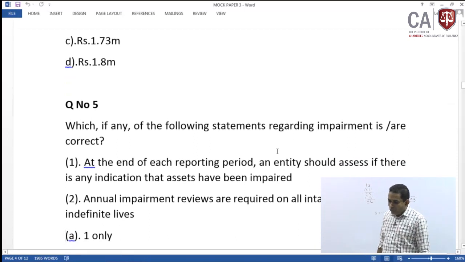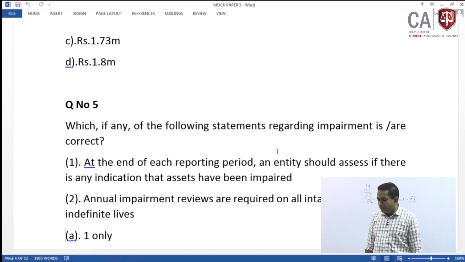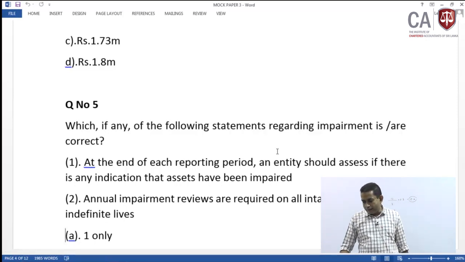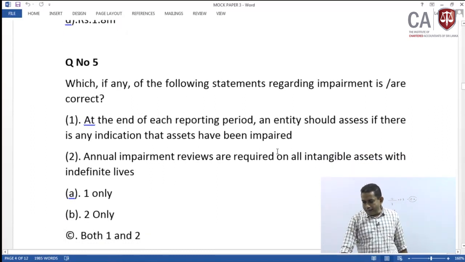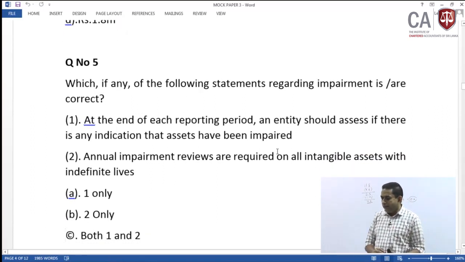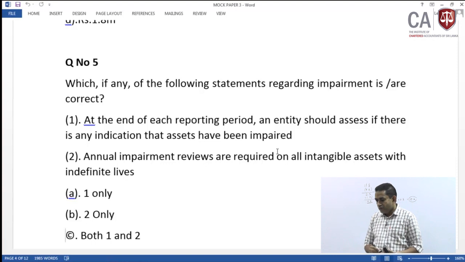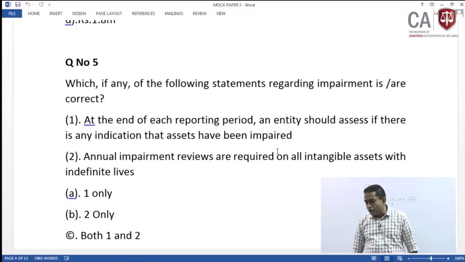Which, if any, of the following statements regarding impairment are correct? First one: at the end of each reporting period, an entity should assess if there are any indications that assets have been impaired. Annual impairment reviews are required on all intangible assets with indefinite life.